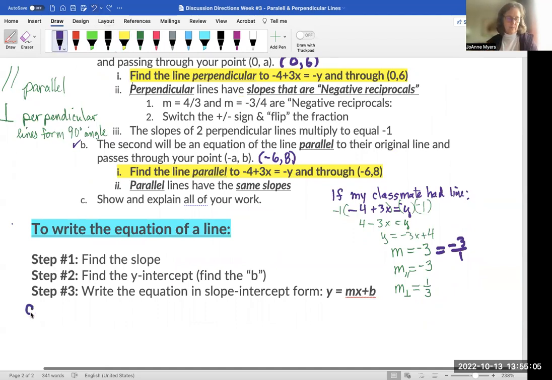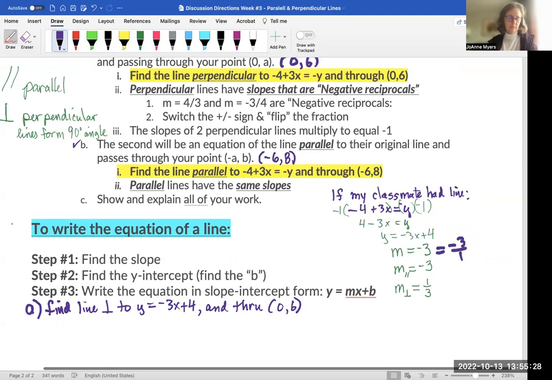So here we go. For A, find the line perpendicular to y equals -3x plus 4 and through the point 0, 6.